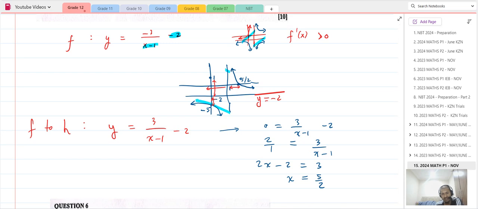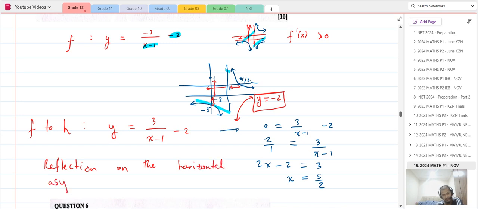This bottom graph was like this, now it shifts up. So, reflection on the horizontal asymptote, which is y is equal to negative 2.